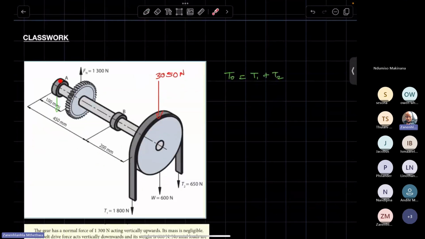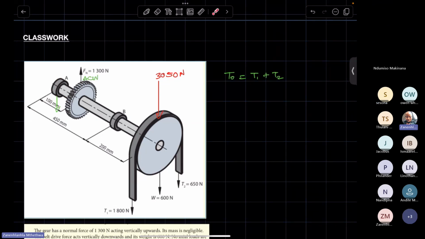So we are now going to look at the turning effect that each of these forces has towards A. We have the normal force going upwards, so it's going to have this turning effect towards A. Would you say this is clockwise or anti-clockwise? Anti-clockwise.